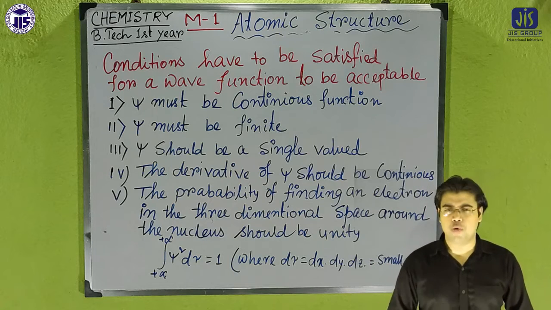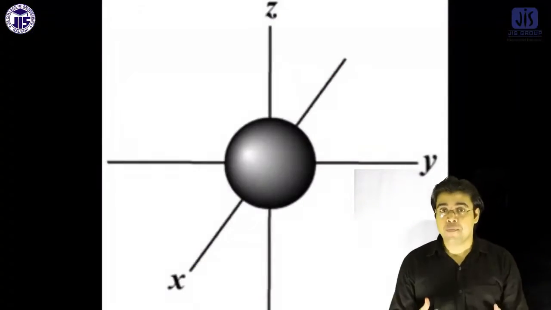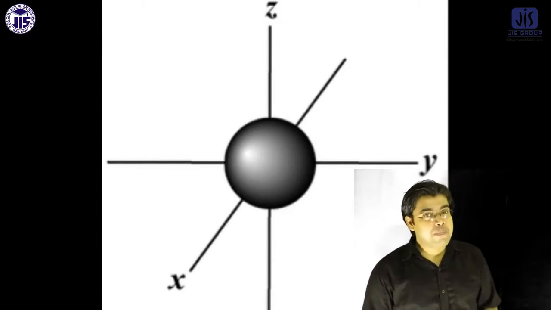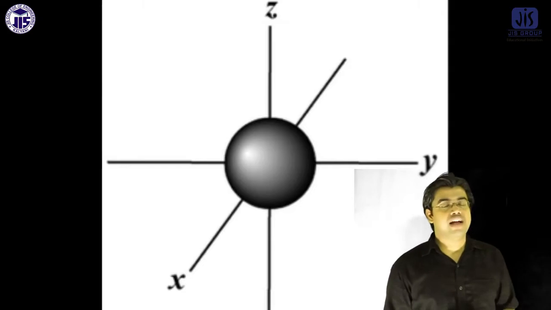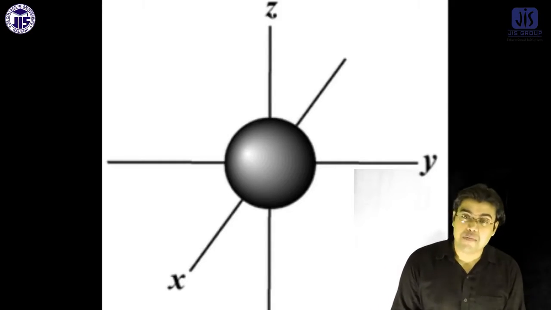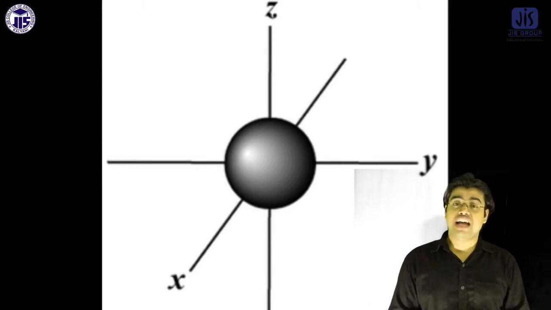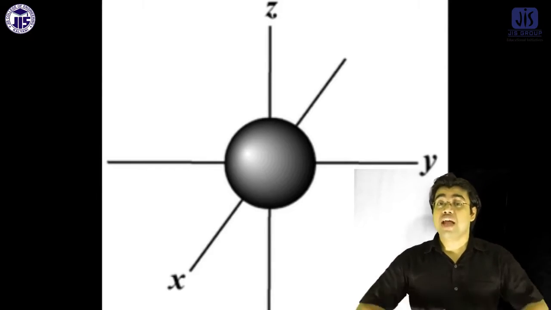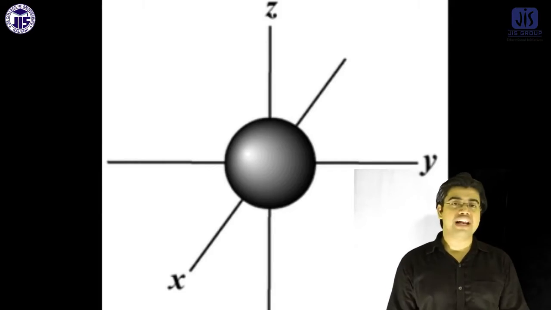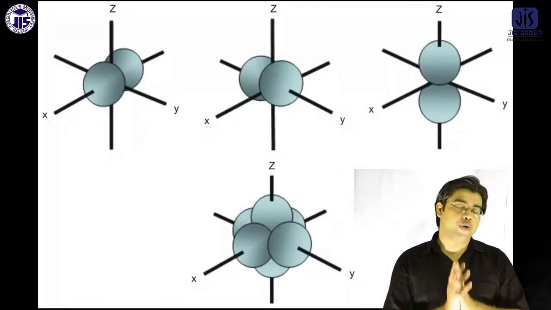Shape of the s orbital: it is spherically symmetrical. What is spherically symmetrical? That means it remains in the x, y, and z directions in the same way. That's why it is called the spherically symmetrical shape of the s orbital.